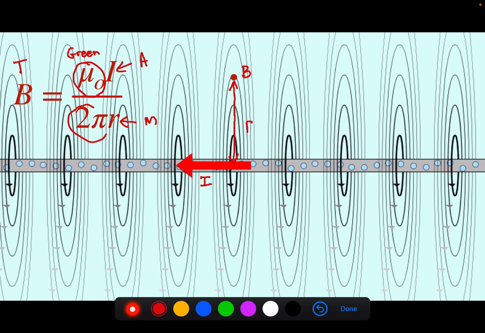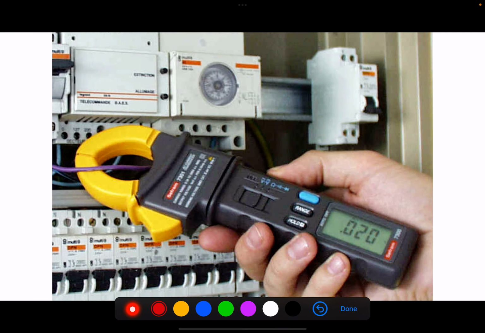On the bottom, you'll notice we have another constant, 2 pi, and you'll notice 2 pi r is on the bottom. 2 pi r represents the circumference of that magnetic field. These magnetic fields form circular loops so that the magnetic field spreads out not in a sphere this time, but in a circular pattern. And the bottom of this equation is the circumference of that magnetic field.